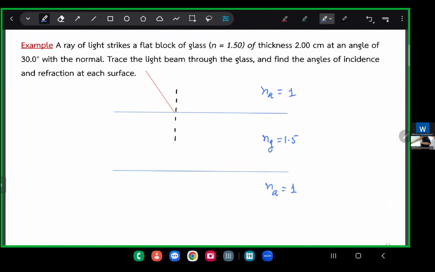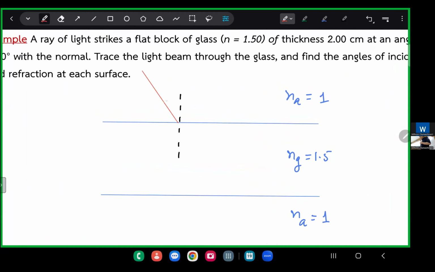From the look of it, the incident angle is given to be 30 degrees. Because you're going from N equal to 1 to N equal to 1.5, the angle will be smaller. So the first refraction will go like this. Everyone with me? It will bend towards the normal.